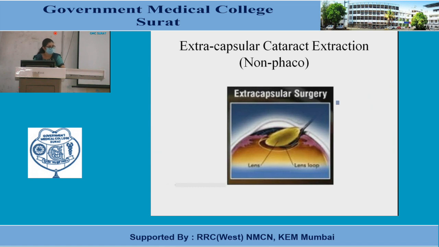A phaco incision can be clear corneal or scleral, but it is hardly 2.5 to 3 millimeter in size, because that is the only opening that you require to engage your probe inside. Whereas in case of SICS surgeries, the scleral incision is around 6 to 7 millimeters minimum in size, and your conventional incision is on the cornea from minimum 10 to 2 o'clock.